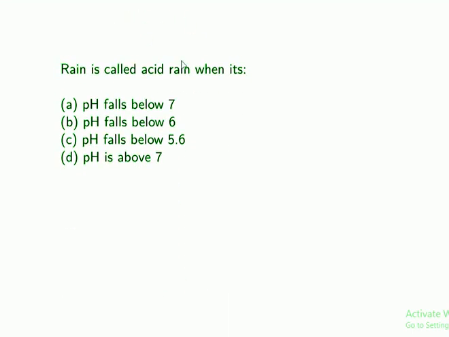Rain is called acid rain when its pH value is, so you know that again the same thing, 7 will be neutral, below 7 will be acidic, and after 7 up to 14 will be basic. So in this way we are going to go through the calculations, okay?